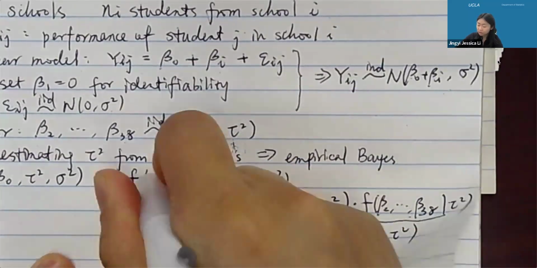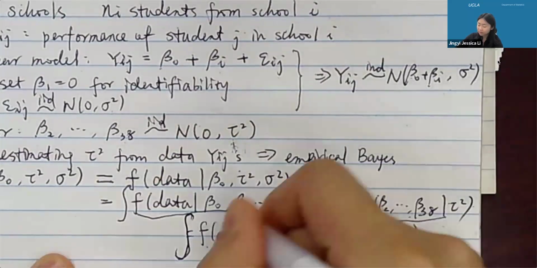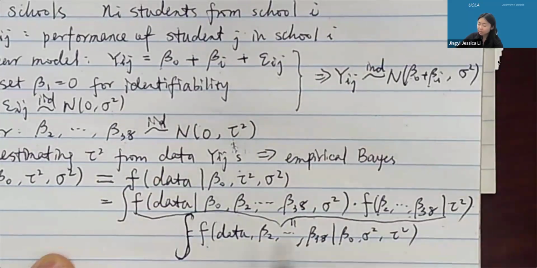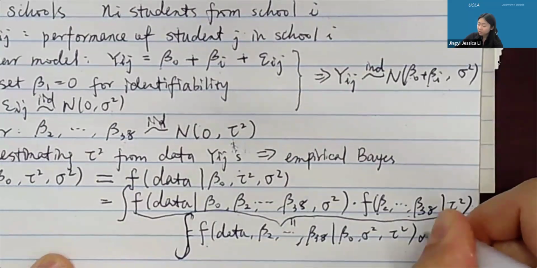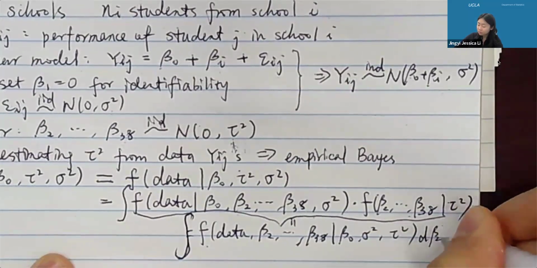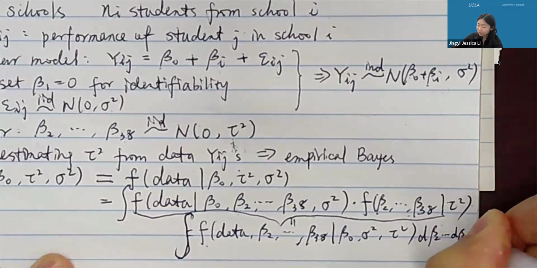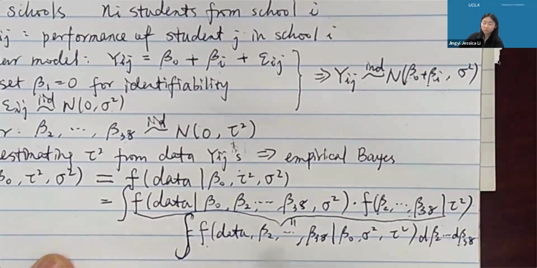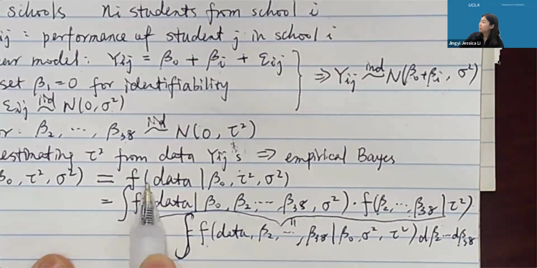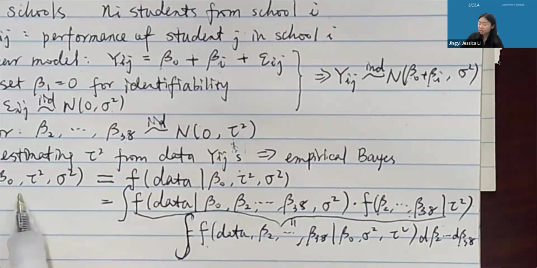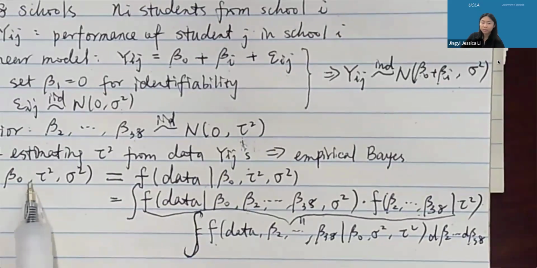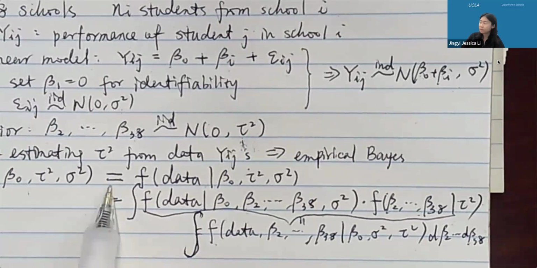The integration needs to be taken on both lines because they're equal. So the integration should be over d beta 2 through d beta 38. With this integration, we can go to that. That's how we get to the likelihood of just the three parameters, beta 0, tau square, sigma square.